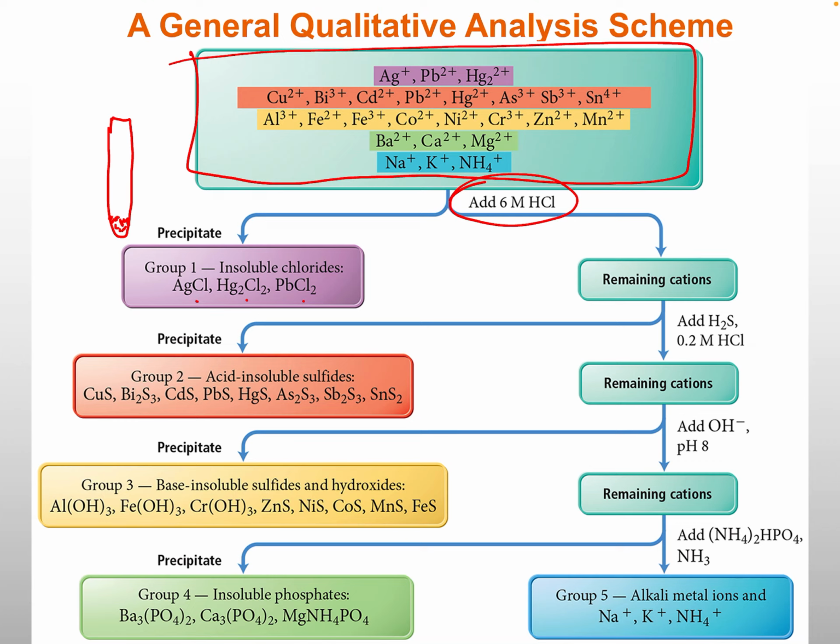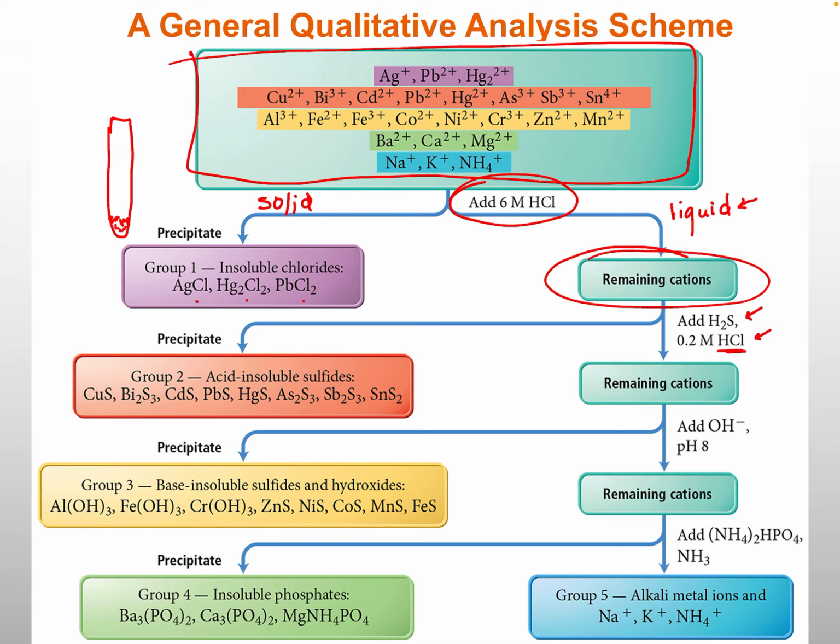Okay, we'll decant off the liquid, and all of the liquid will go this way. So this side was our solid, and this side is what's in the liquid. This is called our supernatant, which is a much fancier word for liquid. So then all of our remaining cations, in this case, they're going to add dihydrogen sulfide and hydrochloric acid. And so some of those will make acid insoluble sulfides, right?